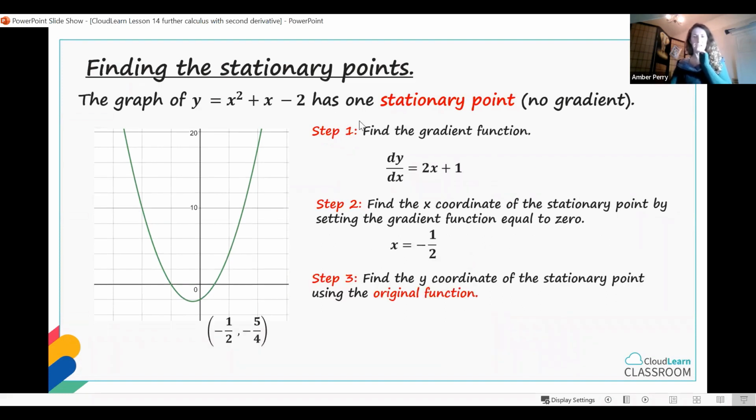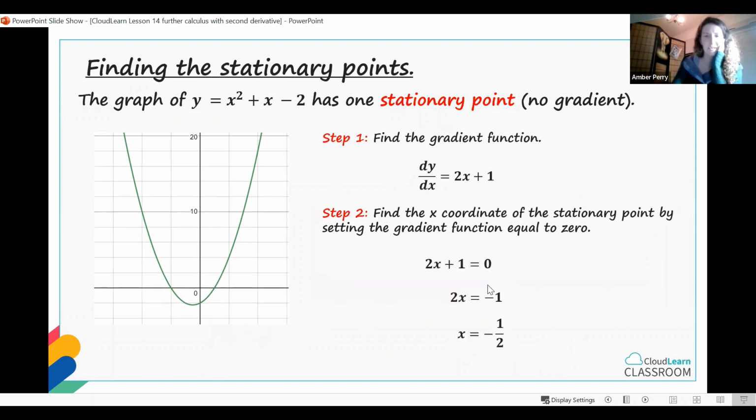And step 3, sorry, I've just neatened that up a little bit and given you the answer before. Step 3 is to find the y coordinate. Now at this point, I'm actually going to go back a step, because when you're finding the y coordinate, this is where most people go wrong in the exam.